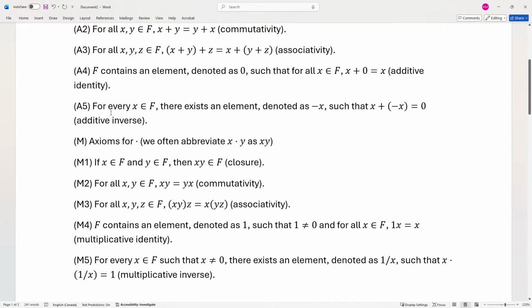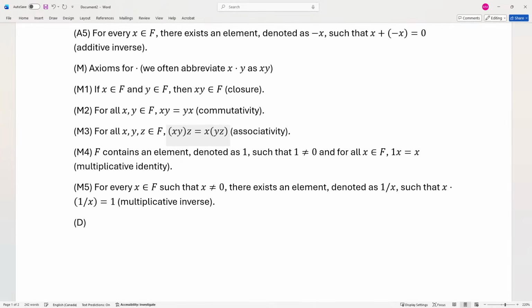But now that we have both addition and multiplication, we still need one more property. That's the distributivity. We want the distributivity to hold. So that's just the single axiom, the distributive law. It says for all x, y, z in F, x times the quantity y plus z is equal to x times y plus x times z.